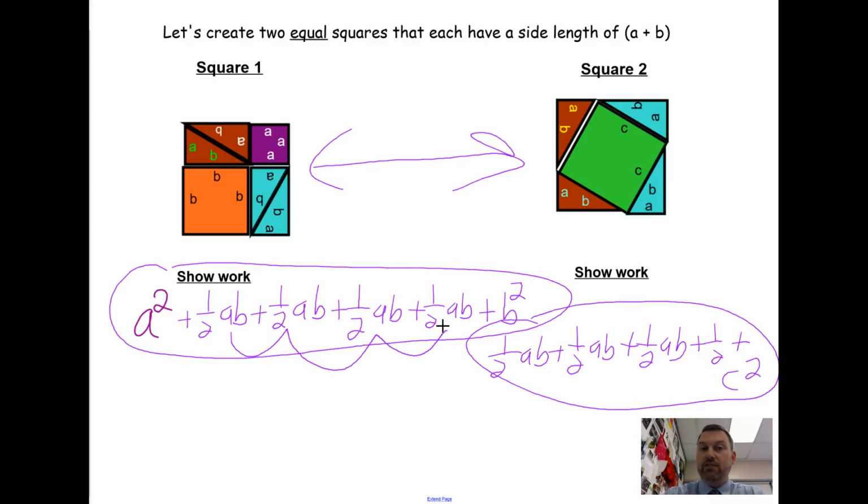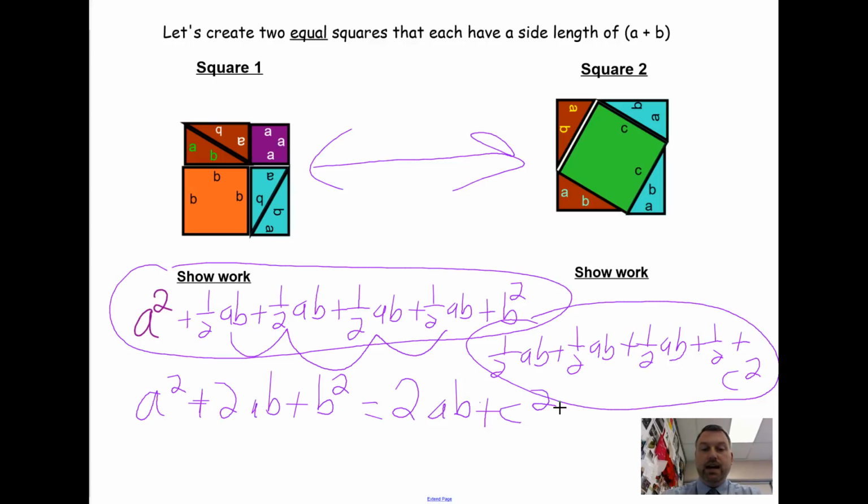Half a pizza plus half a pizza plus half a pizza plus half a pizza would give you 2 pizzas. So this side is really A squared plus 2AB plus B squared, and it's equal to what's over here. In this case, adding up all those half ABs, I get 2AB plus that C squared.